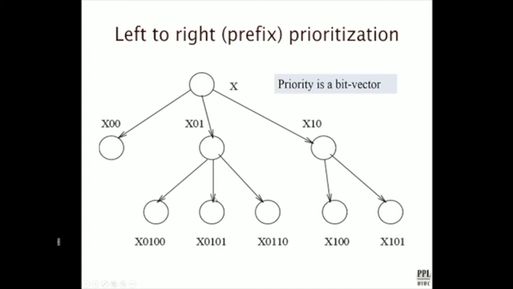Higher priority is smaller number, like A is smaller than B. That's a lexicographic or dictionary ordering. And so by dictionary ordering, these guys will get higher priority. So if you now keep track of priorities when you process work, then you will get a good behavior in terms of going to the left tree first.